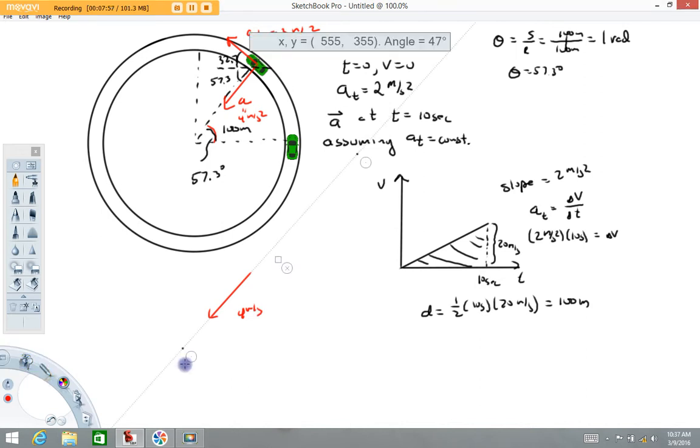And then the tangential acceleration is something like this: 3 meters per second squared. Then the net acceleration is the vector sum of the two. That's going to look maybe something like this.